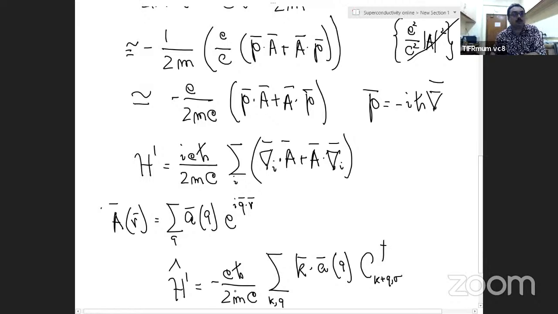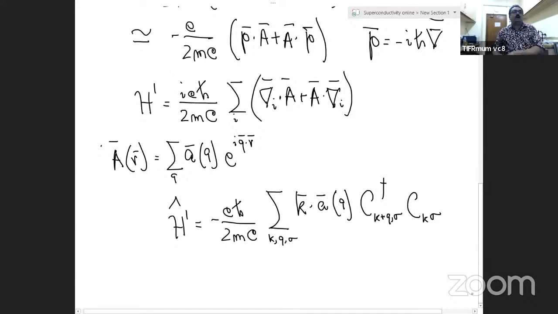Actually, here there should also be a sum over sigma, and c k sigma. Good. Okay, this is the general Hamiltonian.